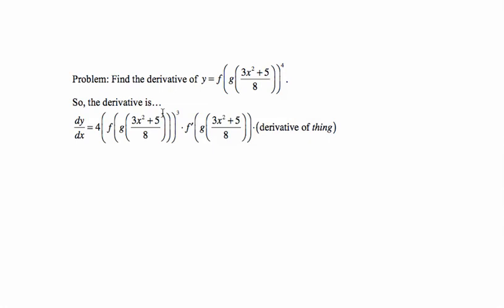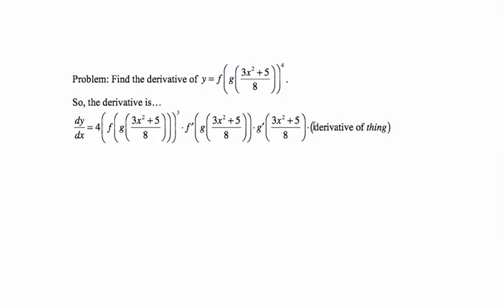So, let's see. The derivative of f of all this junk is f prime of all this junk, times, in parentheses again, the derivative of this stuff, g of (3x squared plus 5) over 8. So, moving on, now I need to multiply by that derivative, so I'll need to find it.